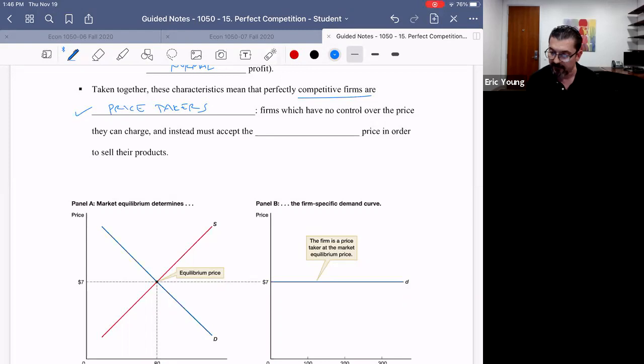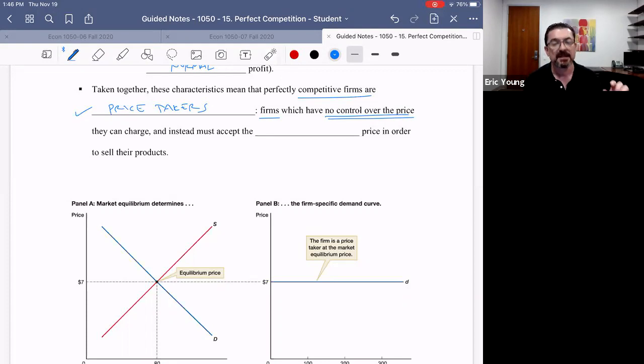And this is an important definition. A price taker is a firm that has no control over the price that they can charge. In other words, that decision of how much to charge, a firm in this industry has no control over.